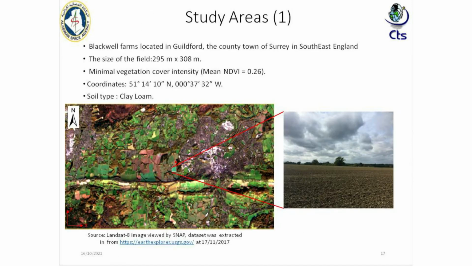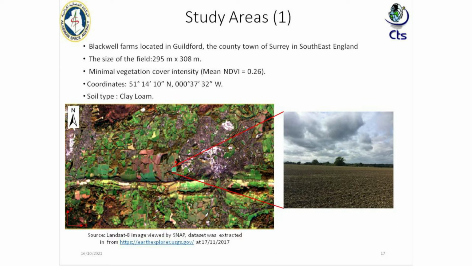We needed study areas to validate this work, so I had to collect soil moisture content data from two study areas. One in the UK, more specifically in the southwest of the UK, in a place called the Blackwall Farms.